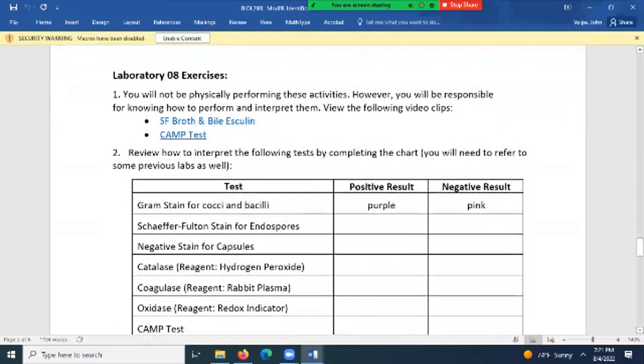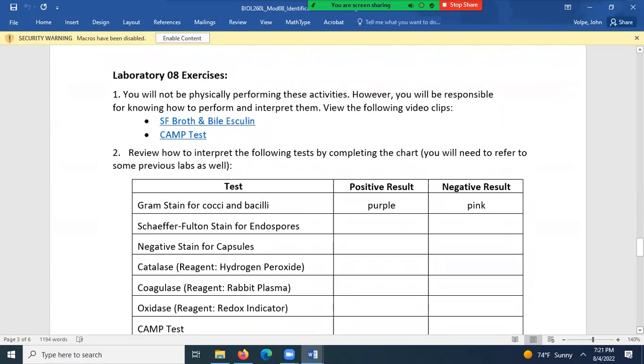All right, so in the laboratory exercise, you're not physically going to be performing any of these activities. However, you will be held responsible for knowing how to perform and interpret them. We do have some video clips for you to watch. There's a video clip covering both the SF broth test and the bile esculin test.